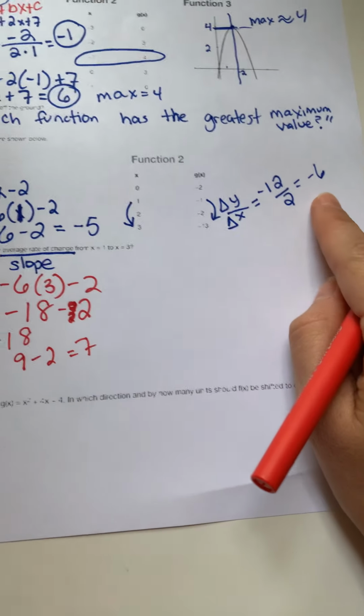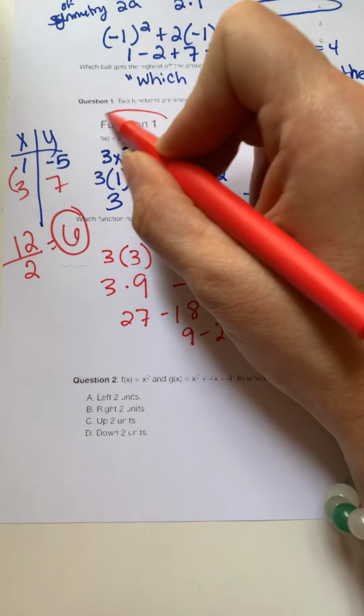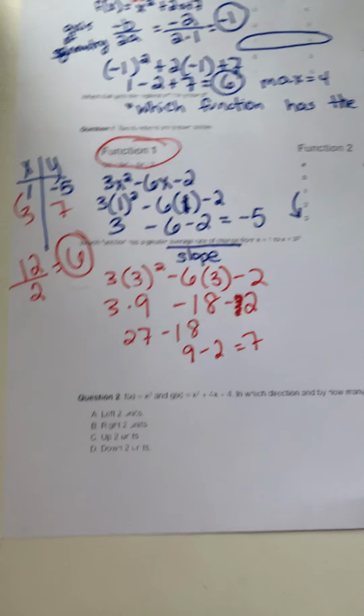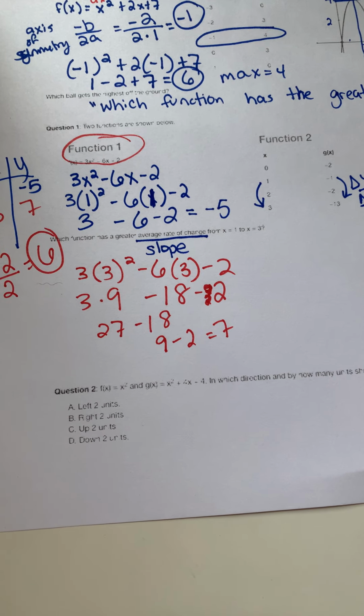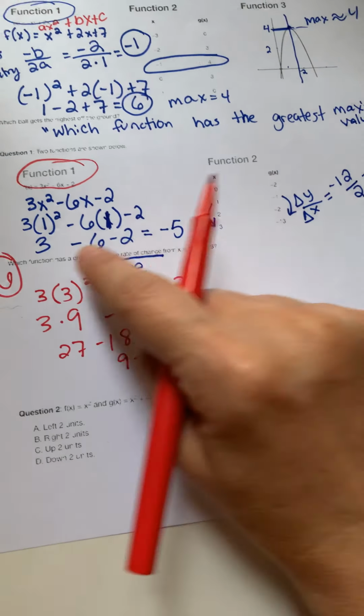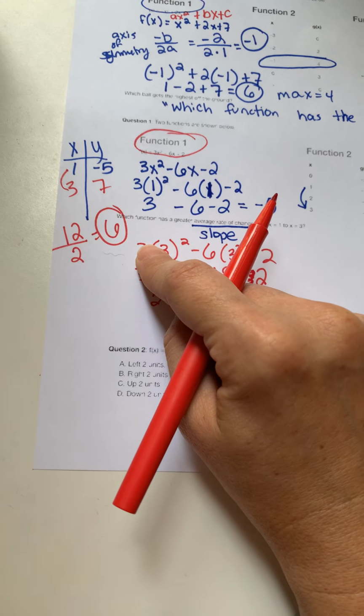This one was -6 and this was +6. So I would venture to say function 1. Now, if we were looking at the absolute values of these, really this one's going down just as fast as this one's going up.